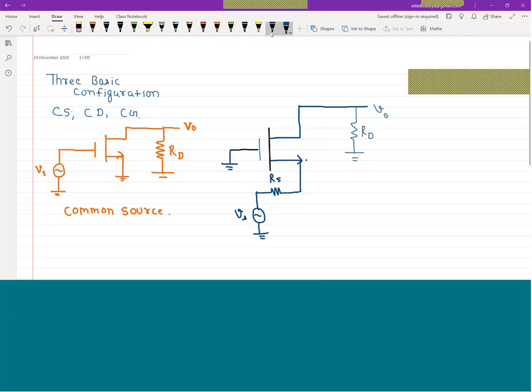So this configuration is known as common gate configuration. Gate is common. You are connecting the source at the source terminal and taking output from the drain terminal.